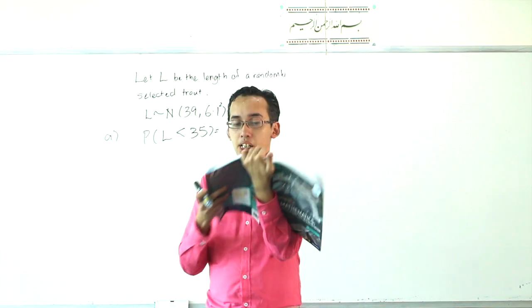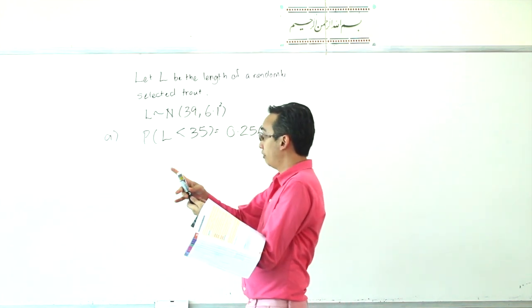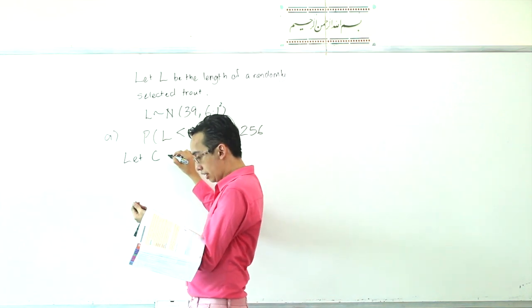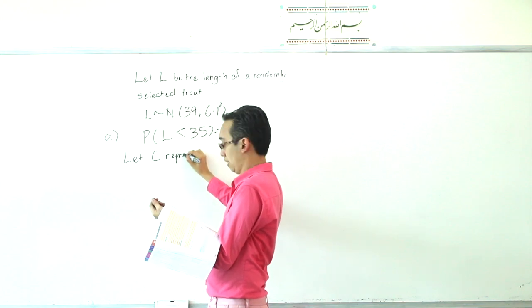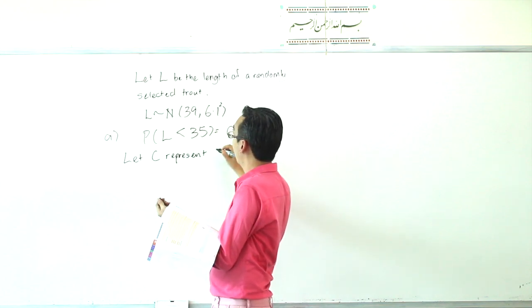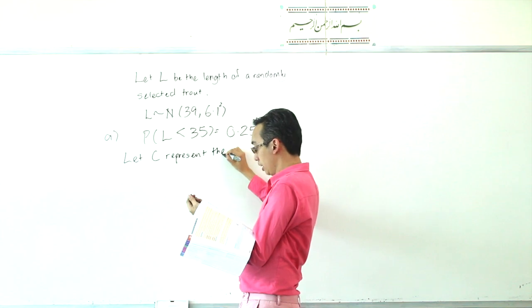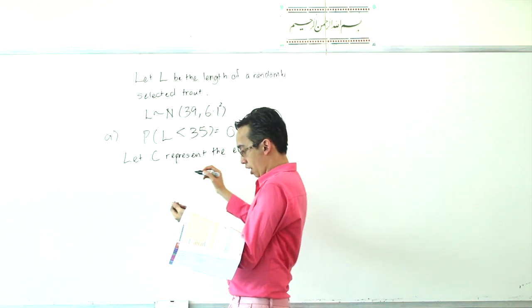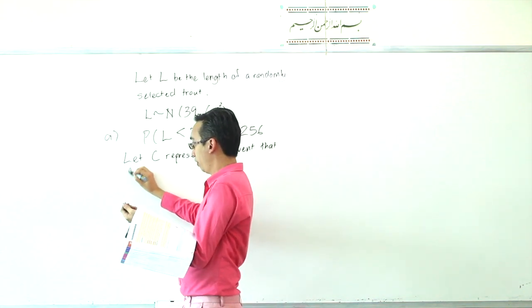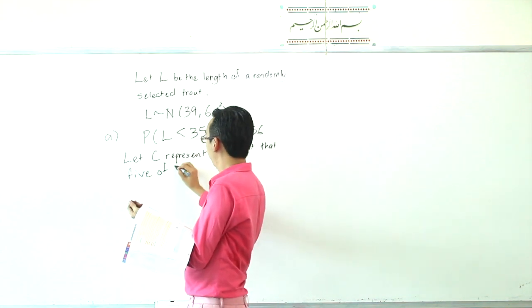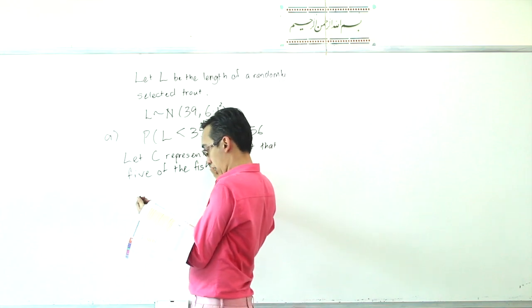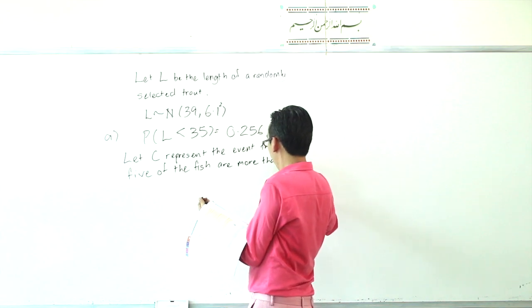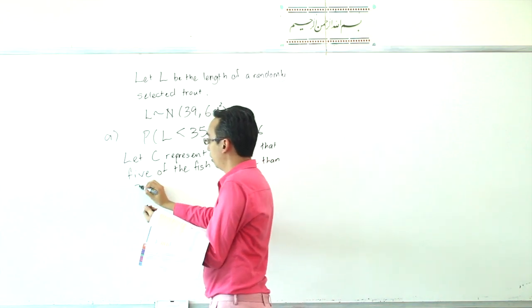Since the person is Cliff, let C represent the event that 5 of the fish are more than 35 cm.